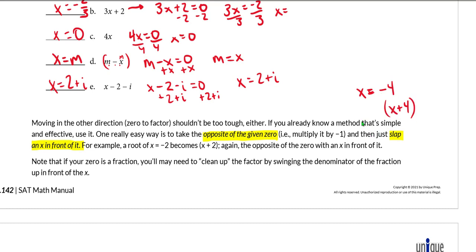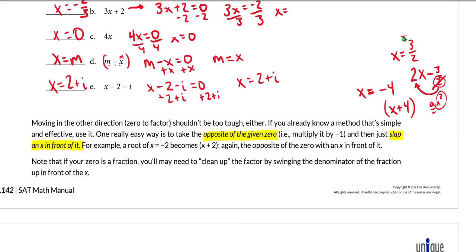If we have a fractional zero, so let's say we have x equals 3/2, we would take the opposite, we would throw an x in front, and then, depending on what the quadratic looks like, namely what your a value is in front of the x squared term, usually you're going to have to swing the denominator of the fraction in your factor up in front of the x and then get rid of that denominator.